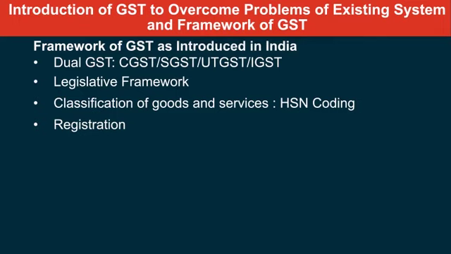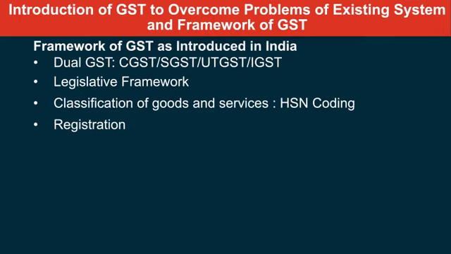For newly started businesses or new entrants, there is a limit of 20 lakh. If your business turnover crosses 20 lakh, then you are required to get registration under GST. For certain northeastern states, the limit has been put down to rupees 10 lakhs, and for other states the limit is 20 lakhs.